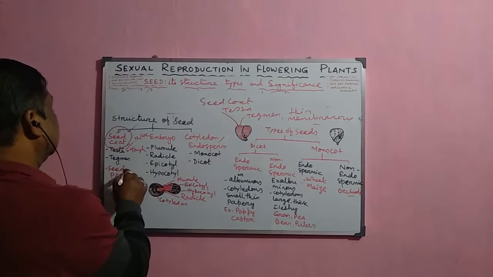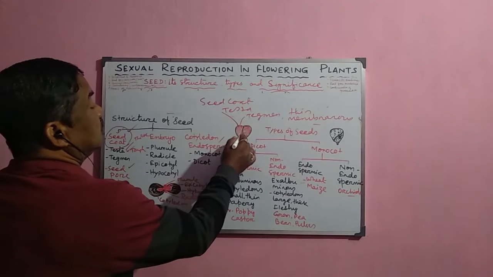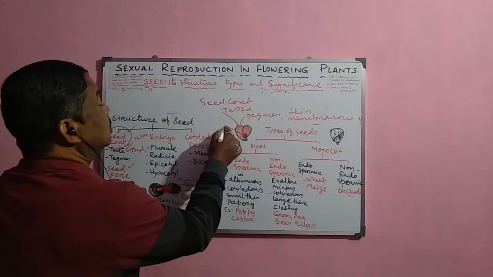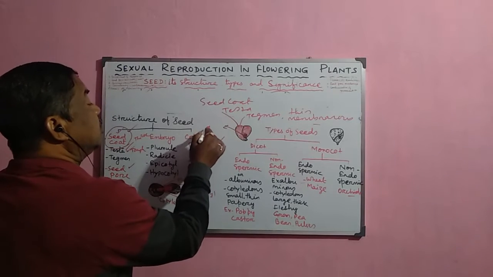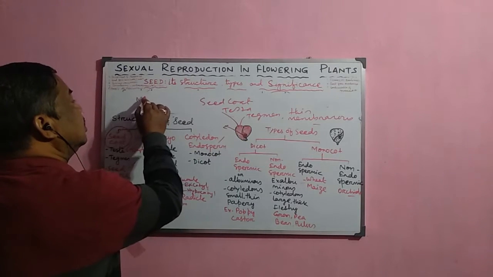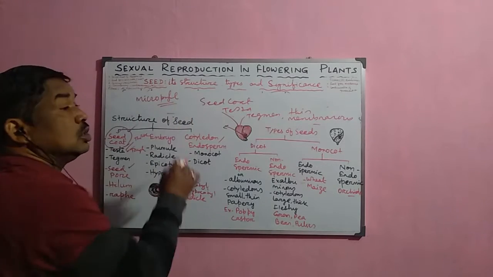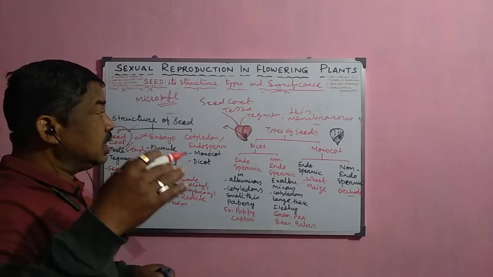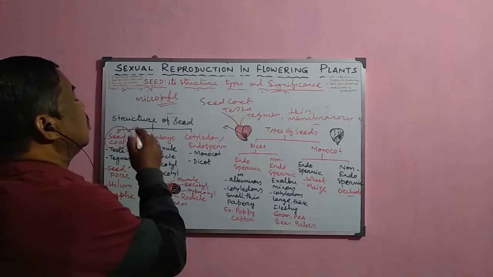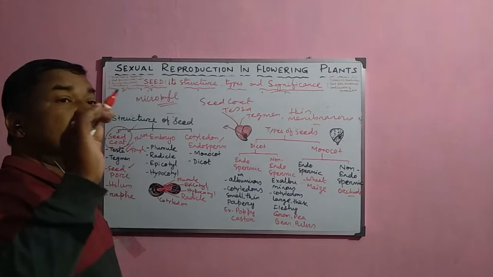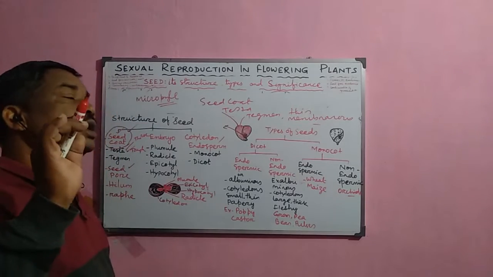Now, next, the seed pore. It is also there in this region. This is the seed pore, and it is developed from the micropyle of the ovule. Through the micropyle, the pollen tube enters into the ovule and reaches the embryo sac, and the pollen grain fuses with the egg cell.